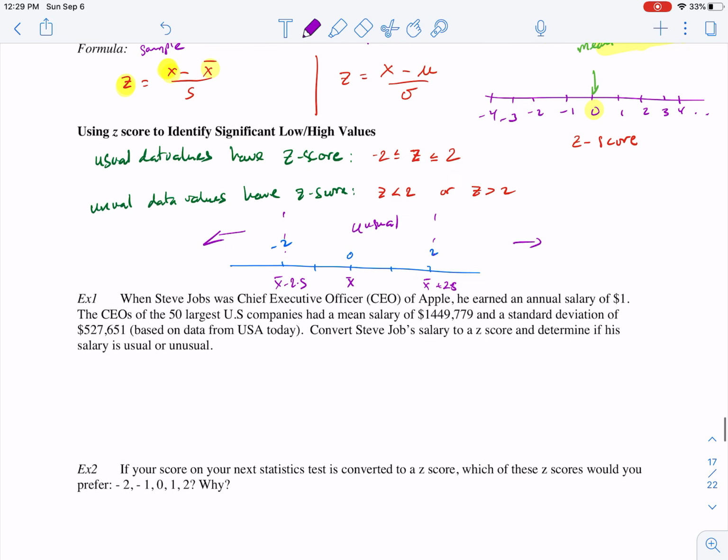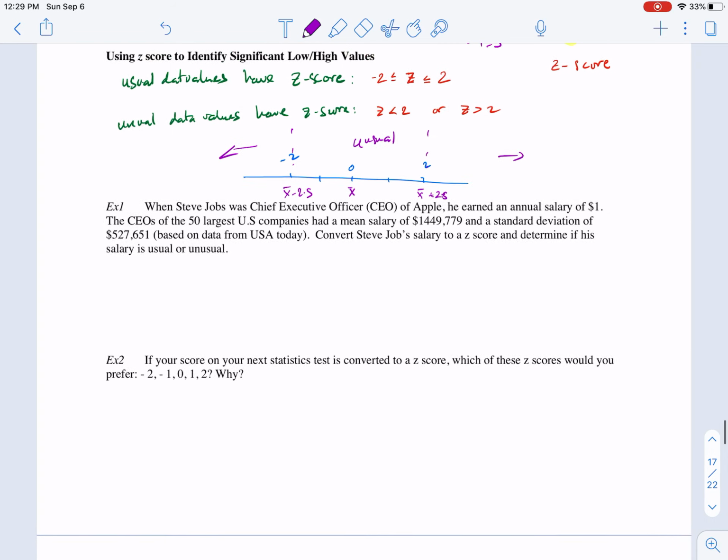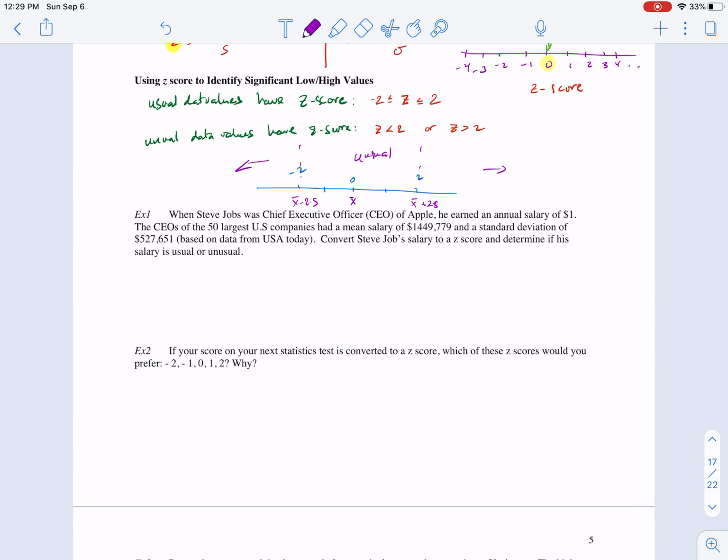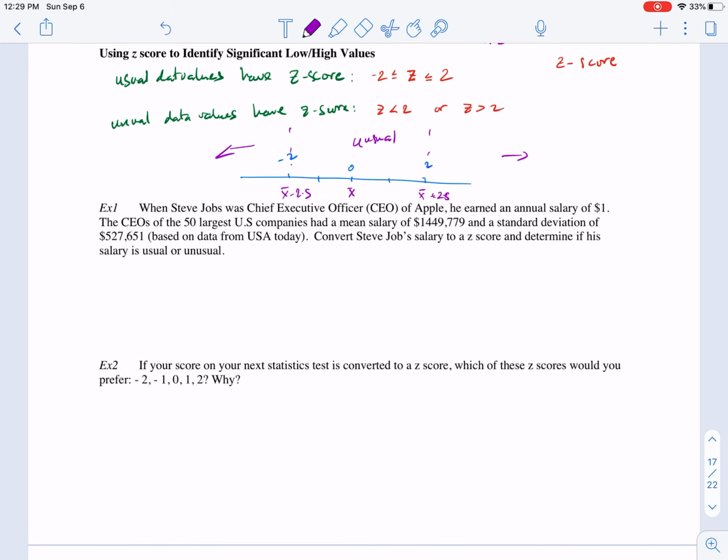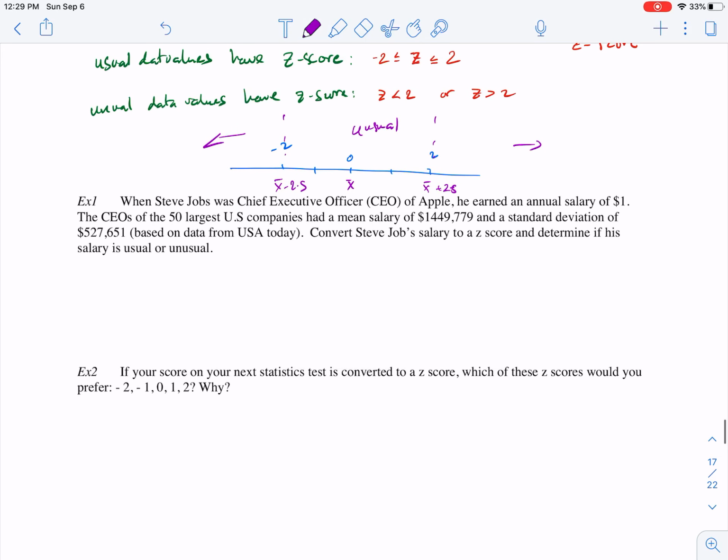Okay. Now we're just going to do a few quick examples, to make a point about Steve Jobs' salary in terms of Z-score. When Steve Jobs was chief executive officer, or CEO, of Apple, he earned an annual salary of $1, and the CEOs of the 50 largest U.S. companies have a mean salary of $1,449,779 and a standard deviation of $527,000.